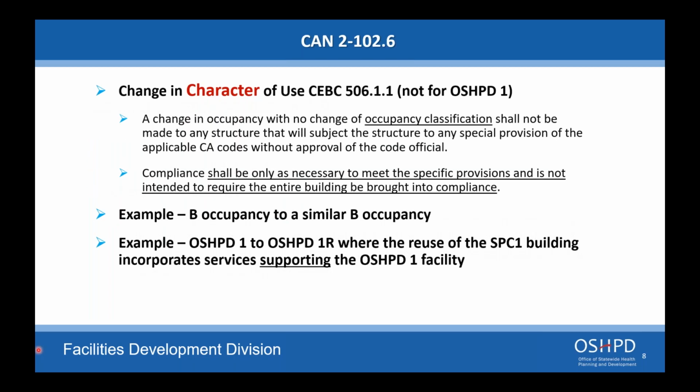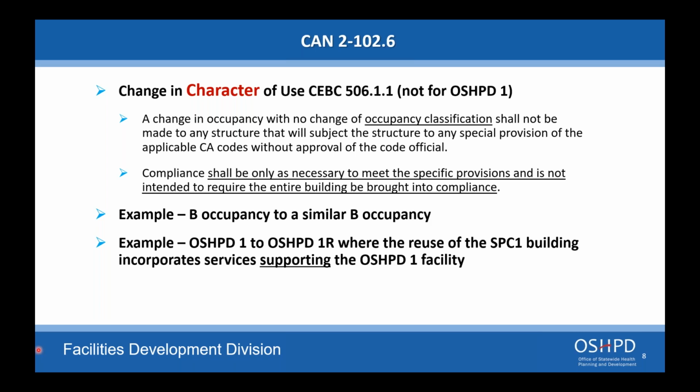A new definition that came out with the existing building code, Part 10, which does not apply to OSHPD 1 hospitals, is the change in character of use. Basically, what this is stating is that a change in occupancy with no change in the occupancy classification shall be made only as necessary to meet the specific provisions, as it's not intended to require the entire building to be brought into compliance.